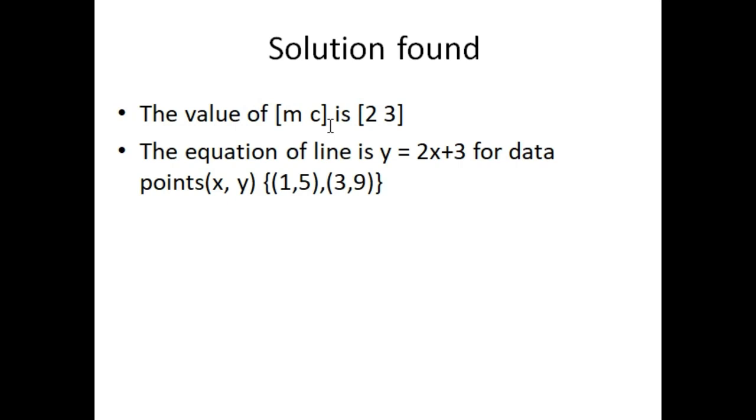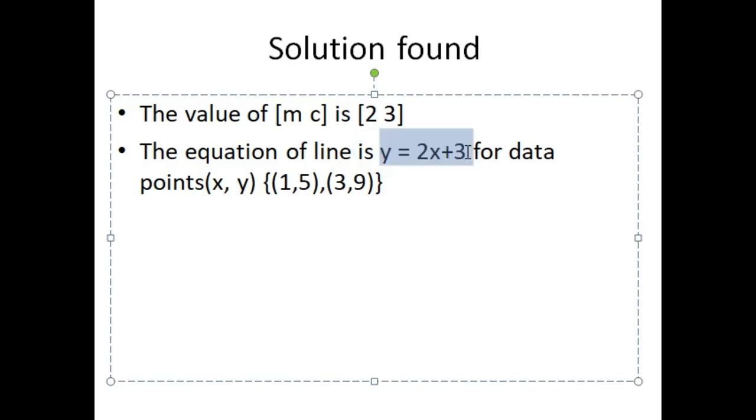So the value of m and c is equal to 2, 3. So the equation of line is y is equal to 2x plus 3 for these two data points. So the value of m is equal to 2, value of c is equal to 3.